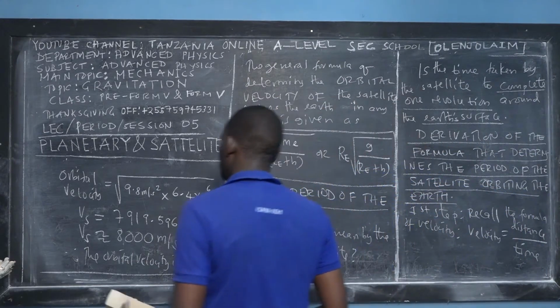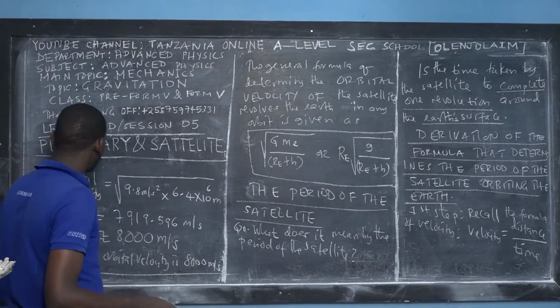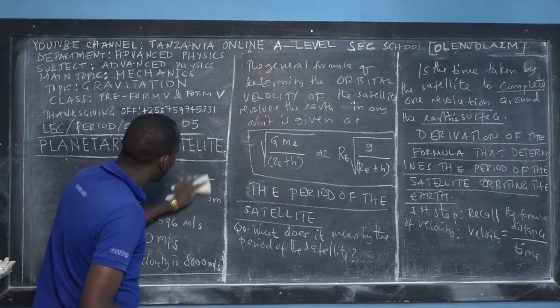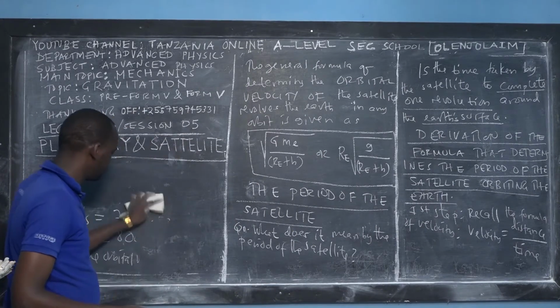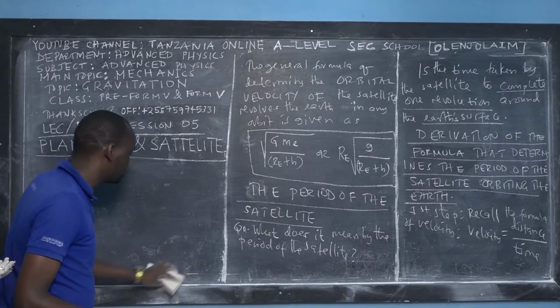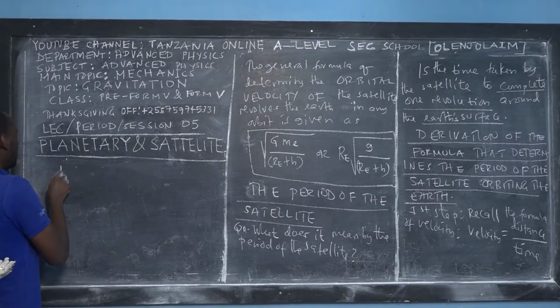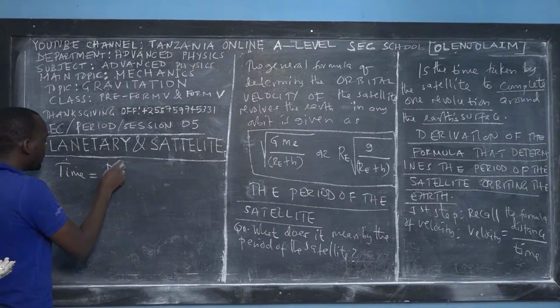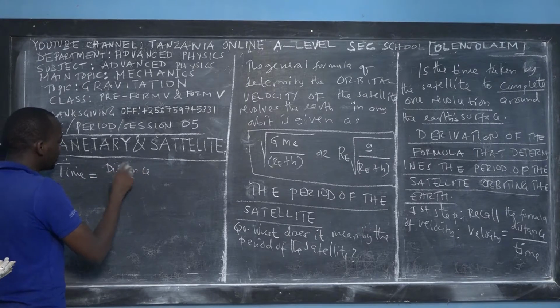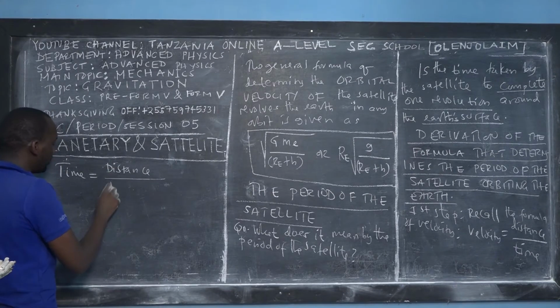Distance over time. That is true. If we make time the subject, then we come up with this. So if you make time the subject, then the formula will become distance over velocity.